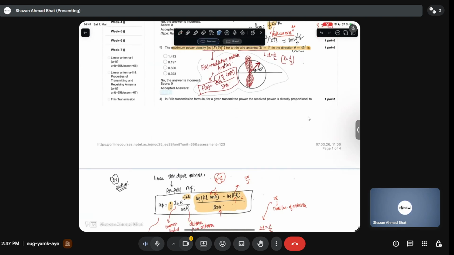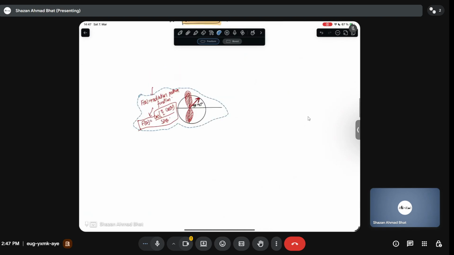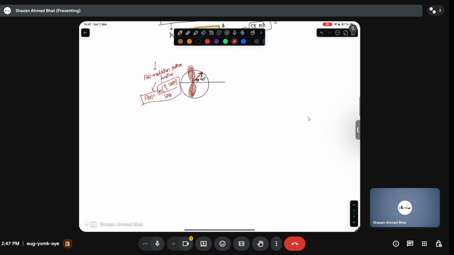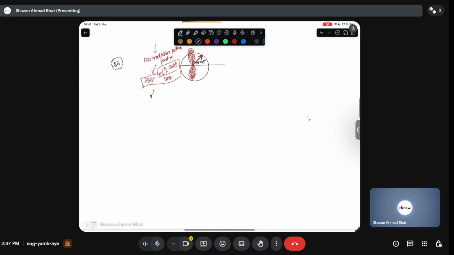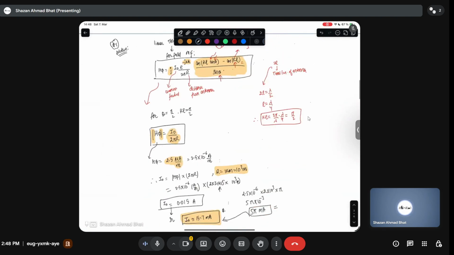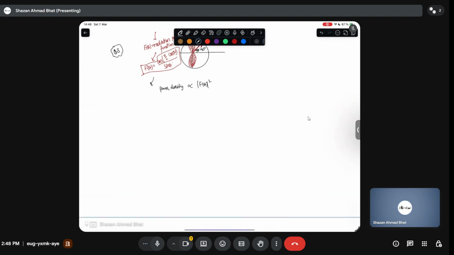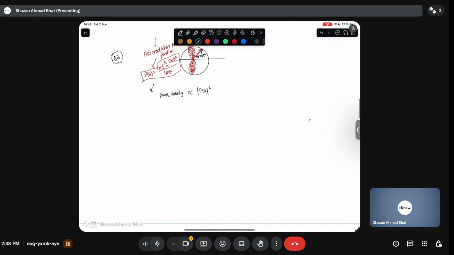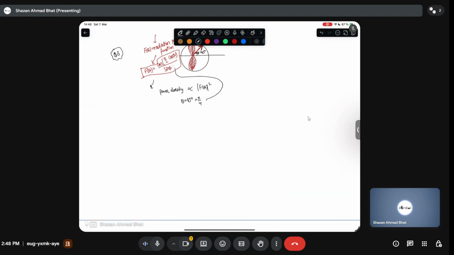Let's take it from here. This is question 3. The power density is proportional to F theta square, and that is given in the question itself: maximum power density is proportional to F theta square. Now theta is 45 degree, which is pi by 4, so you need to use this in the equation.